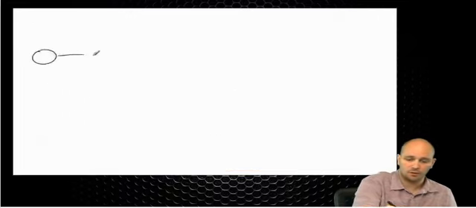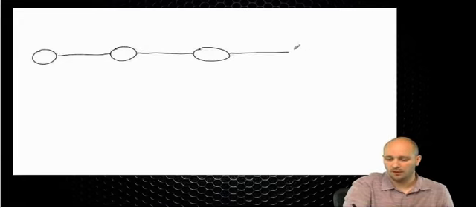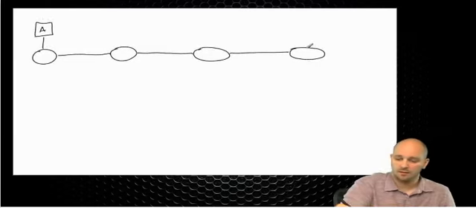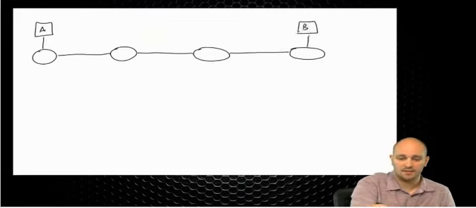So let's build that network. I'm going to redraw it here. So we have R1, R2, R3, and then R4. Let's say this is going to be host A, this is going to be host B, and again, this is the edge of my MPLS network.